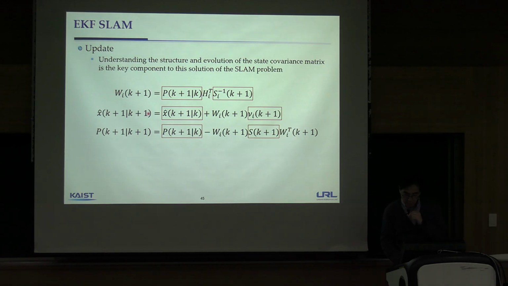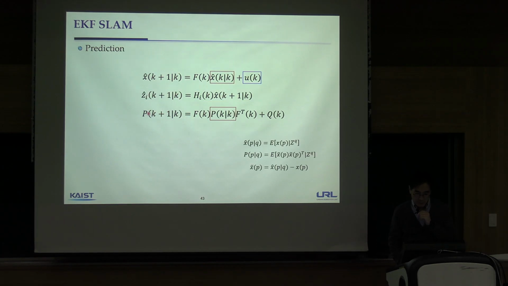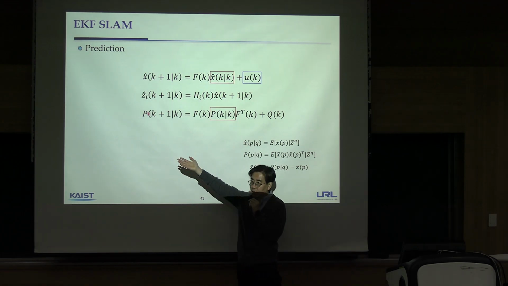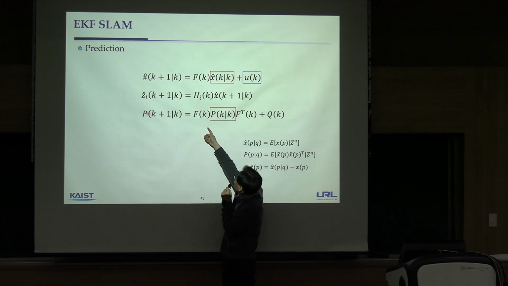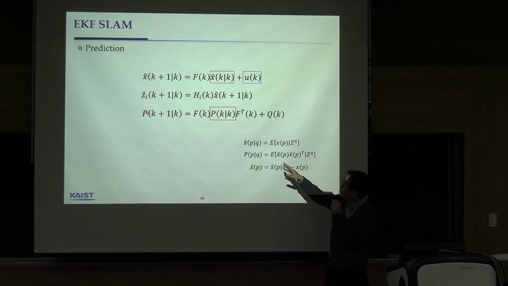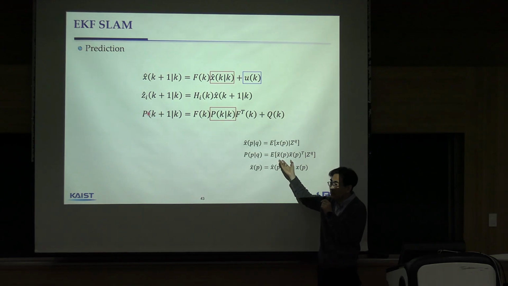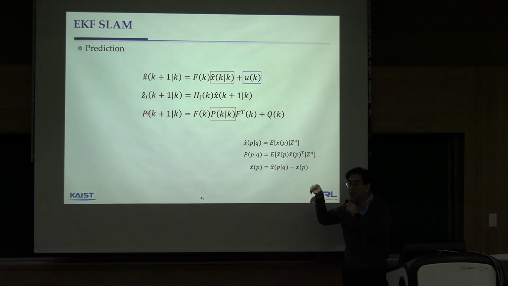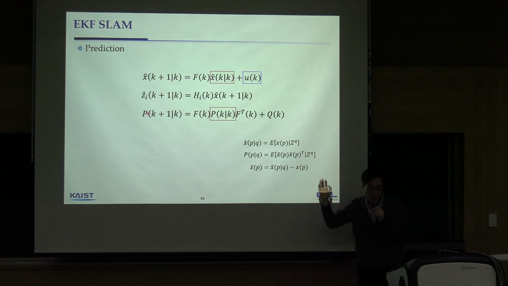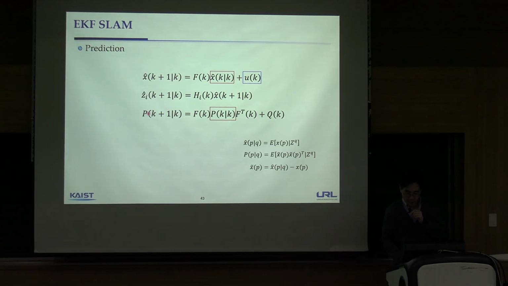And one thing to note is that in the prediction step, the covariance will be growing because we multiply F and F transpose, they are the Jacobians, they are multiplied in front and back. It is something like the square term, so it will be growing because Q is always positive. So it will be growing over time. So P is growing at the prediction step.